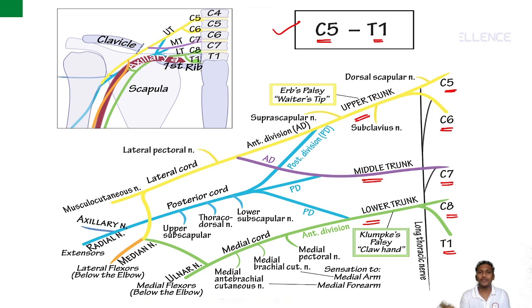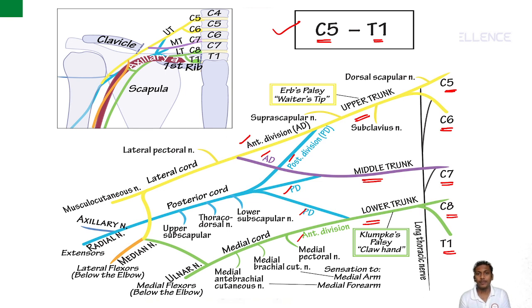Then these trunks are divided into divisions. Please remember, each of these trunks is divided into an anterior and a posterior division. Further, these divisions come together to form cords.